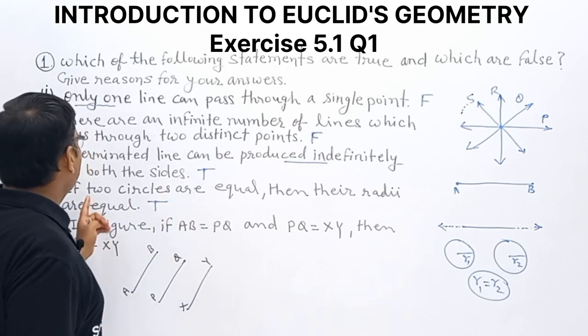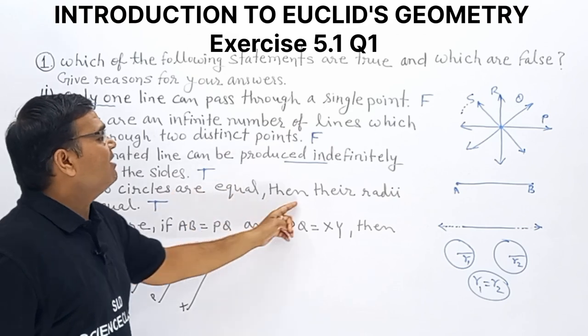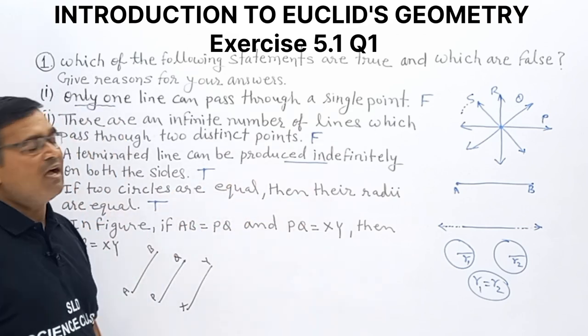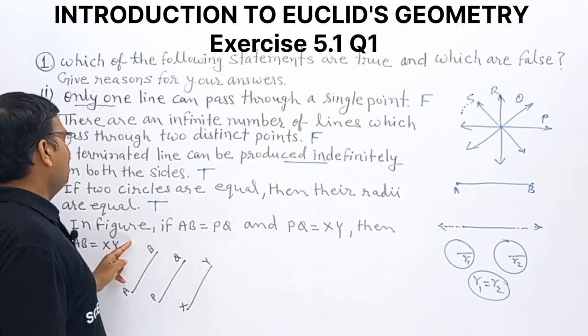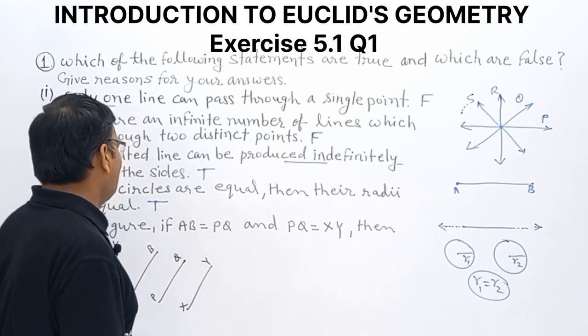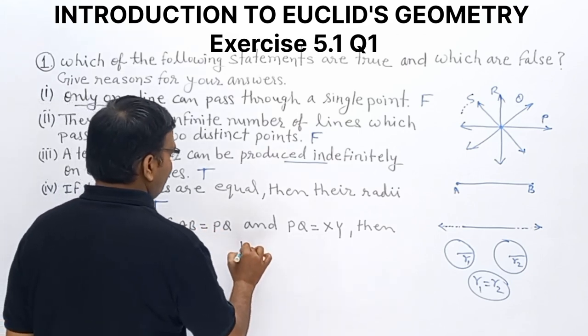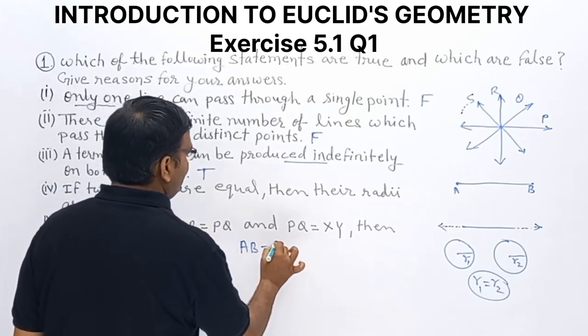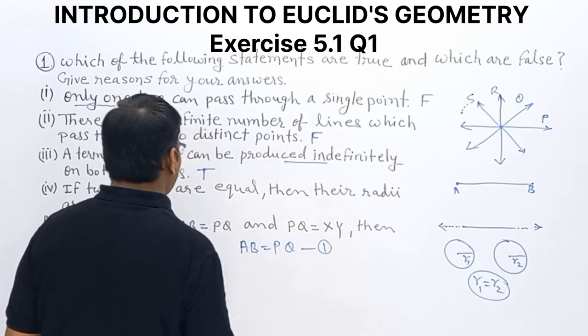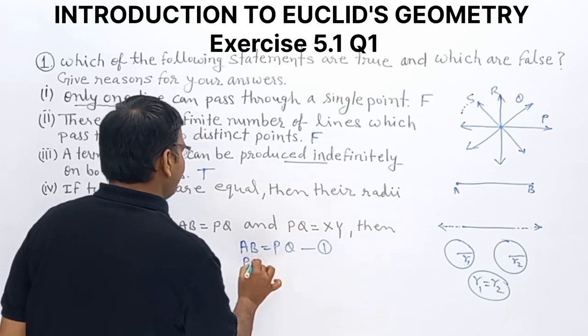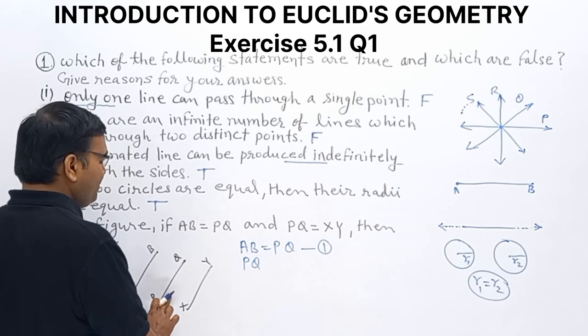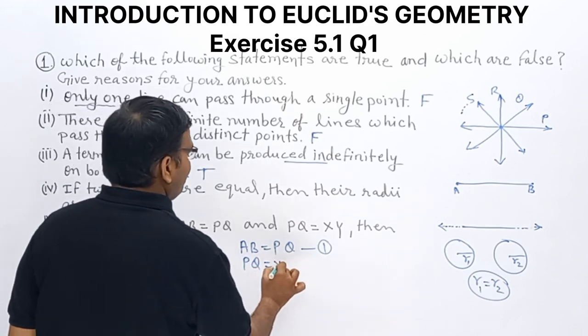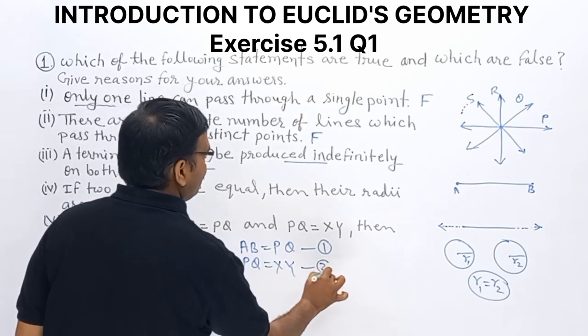So the fourth one is a true statement. If 2 circles are equal, then their radii are equal. Now the last one. In the figure, if AB equals PQ, I am taking this as equation number 1, and PQ equals XY, equation number 2.